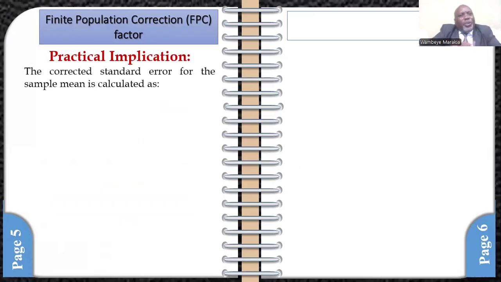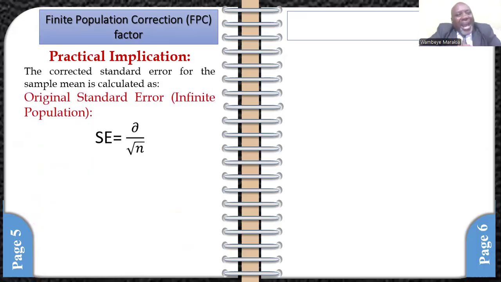We have the practical implication, or how we go step by step in calculating the finite population correction. We have to calculate the original standard error, that is from the infinite population.